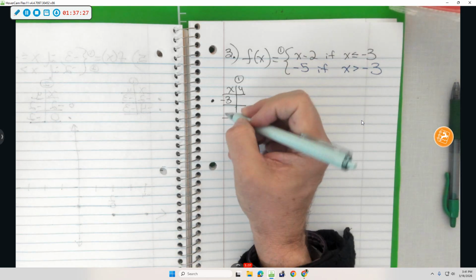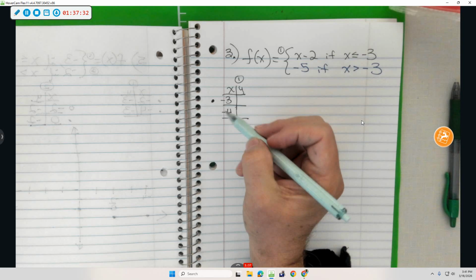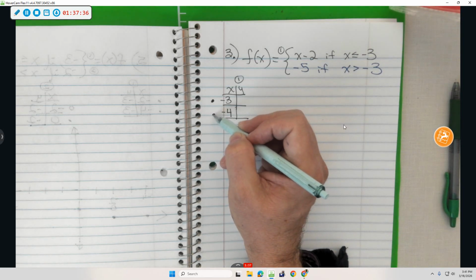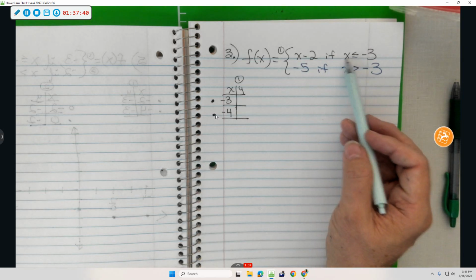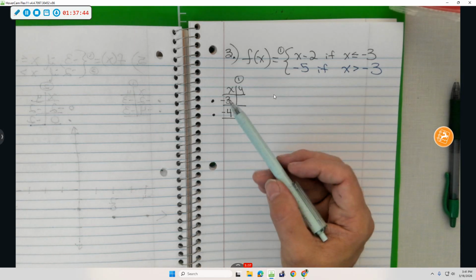-4? -6. Okay. And the numbers you choose on your own are automatically closed dots, because you can't choose a number that doesn't satisfy the inequality. Well, you can, but you'll get the wrong graph.